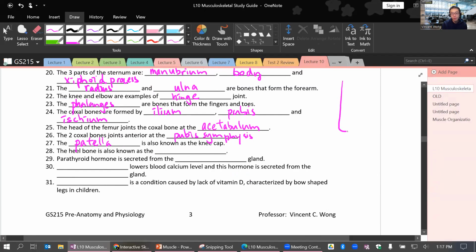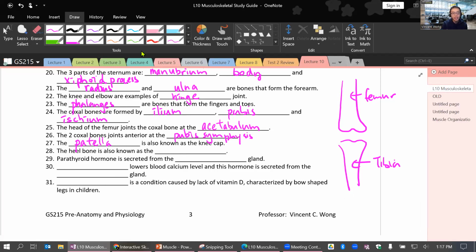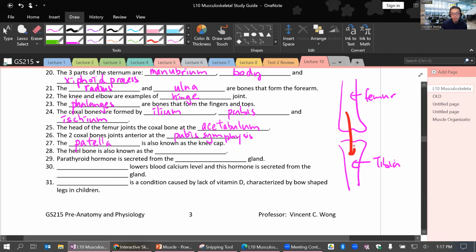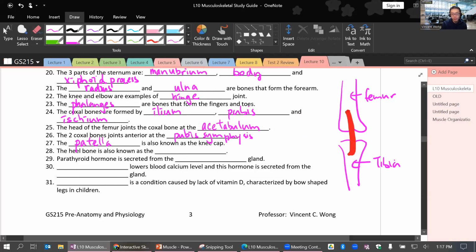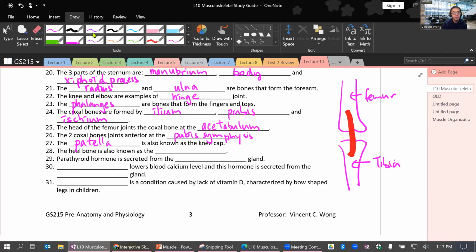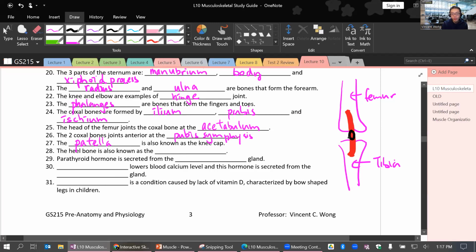So this would be your femur, and then you would have your tibia here. The fibula is on the side, and you would have a tendon, a ligament rather, that connects the femur and the tibia, and then the patella would be found within that ligament. Okay.